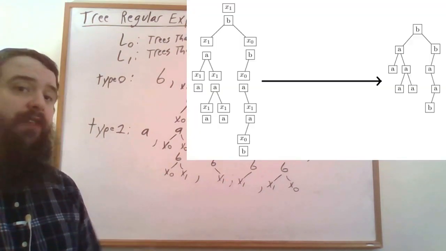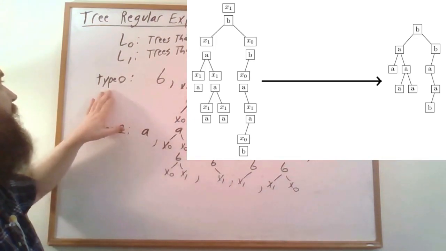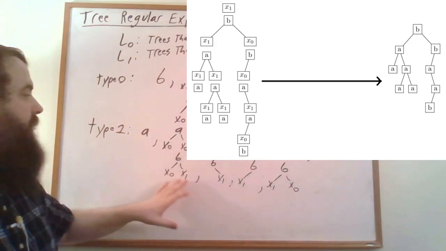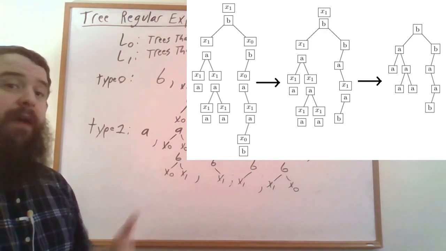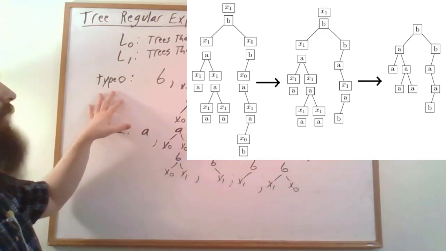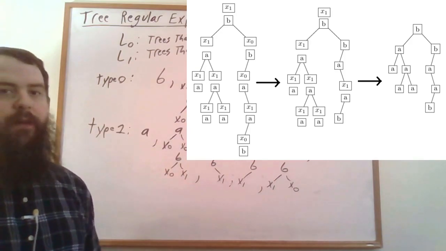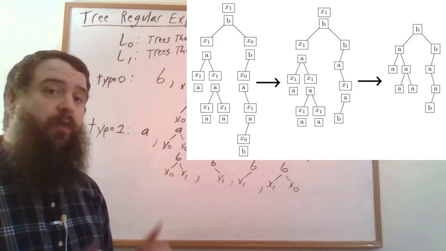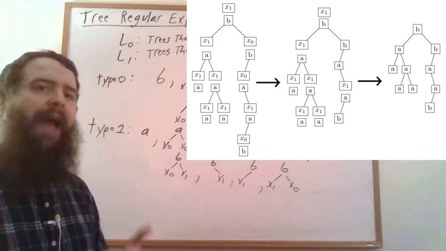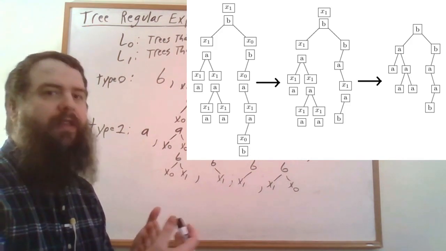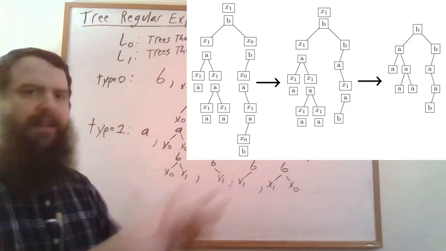But fortunately, any tree that we can construct by replacing leaves with x0s by pieces of type 0 and leaves of x1s with pieces of type 1 can be constructed by first joining together all of the pieces of type 0 that are next to each other, and then joining the x1s together. Just so that the expression doesn't get too large, I'm going to remove most of these pieces, but you can always put them back and it'll just make the expression that you wind up getting at the end that much larger and more complicated, but in a straightforward way.